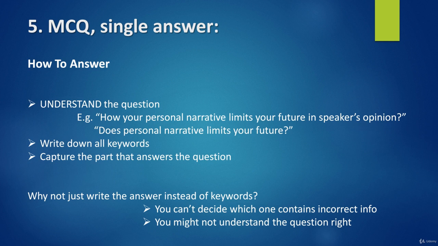Okay, back to the main track. So you skim the question really quick to know what to keep an eye for. For example, how your personal narrative limits your future in the speaker's opinion. That's the question. Now, you might make a mistake and interpret it as, does personal narrative limit your future?